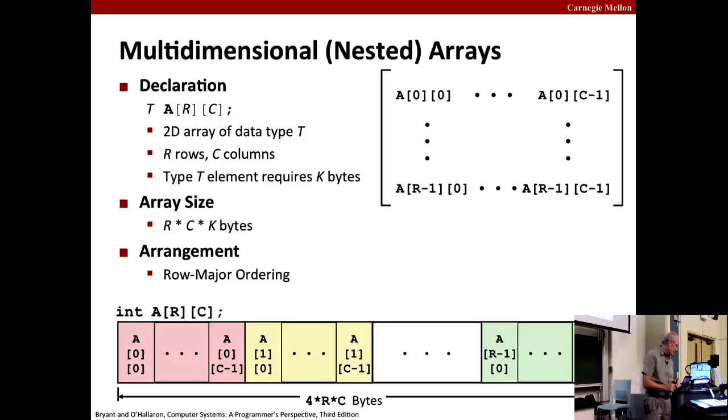Let's do the easier one. What's the size of A2? 8. Because it's a pointer. What's the size of A1? A1's an array of 3 ints. 12, right?